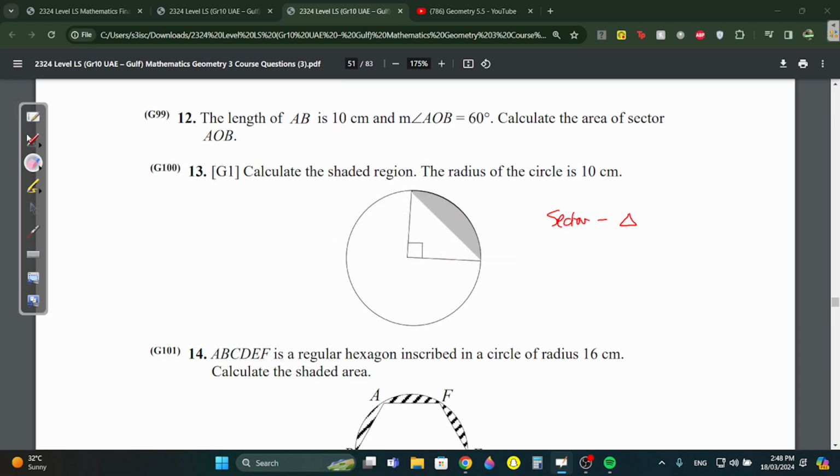The area of the sector, if this is 90 degrees, remember, it was theta over 360 times pi r squared. Theta is 90, so 90 over 360 times pi times r squared, for which 10 squared is 100. Minus the area of the triangle, which is base times height, so 10 times 10 divided by 2.